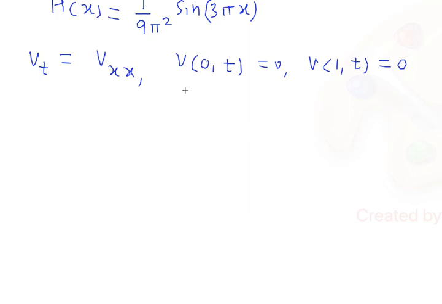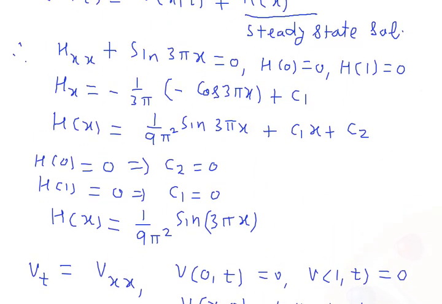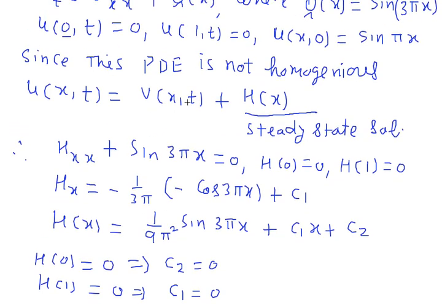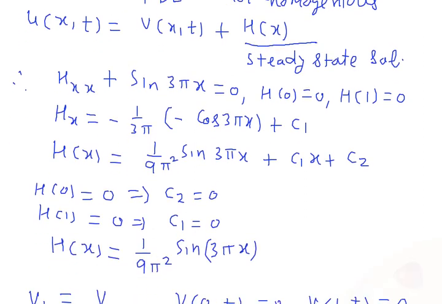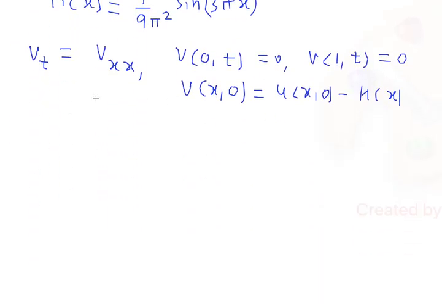And another condition, the initial condition, not boundary, v(x,0) = u(x,0) − h(x). When you put t equal to 0, you will get v(x,0) and u(x,0), and h(x) goes to the other side. So this is the new partial differential equation, that is the homogeneous differential equation.